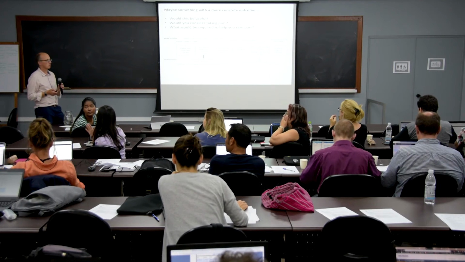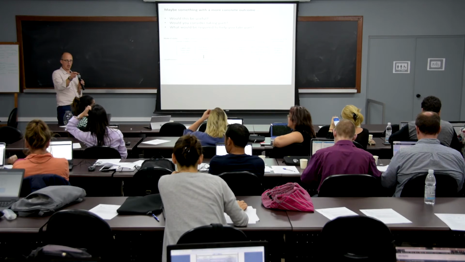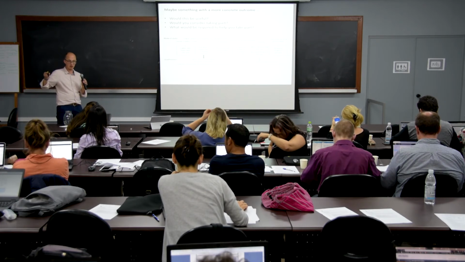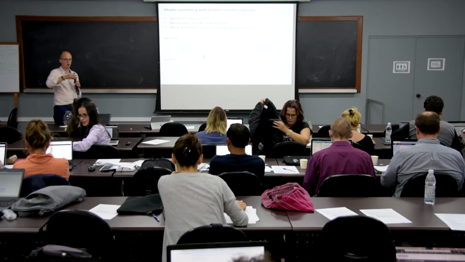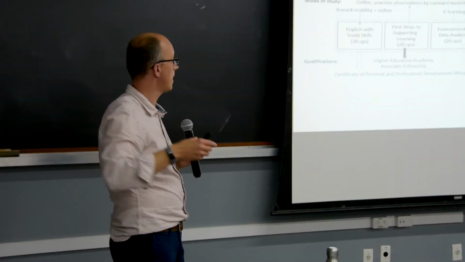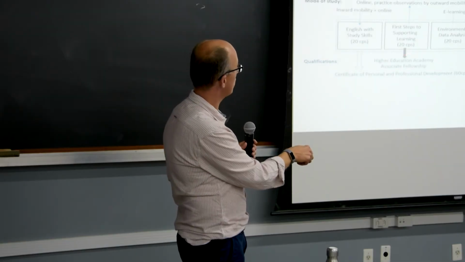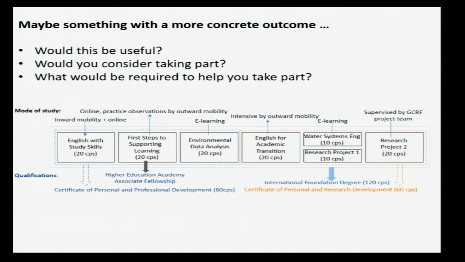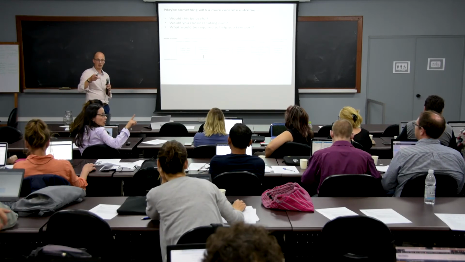So these are, if you look, individual modules, and you can build them into a certificate or other things across many years. So if you did 60 credit points, you see in this little blue box, you would get a fellowship of what is considered to be the UK's most important teaching academy.